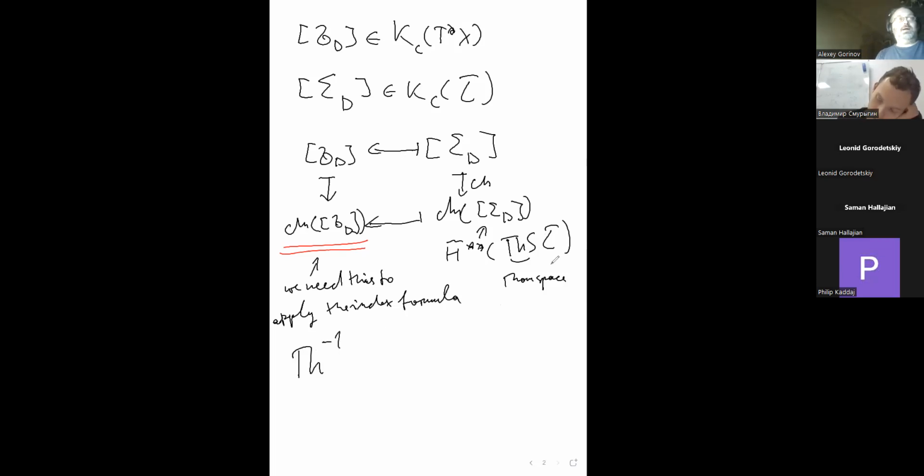So I have the Thom space, and the cohomology of the Thom space is isomorphic to the cohomology of B.